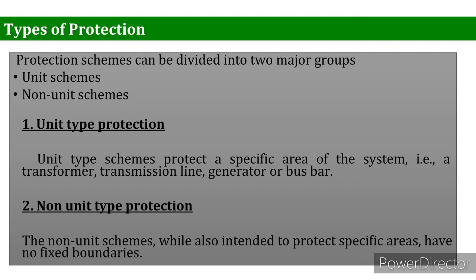Protection schemes can be divided into two major groupings. One is unit scheme and the other is non-unit scheme. Well, unit type schemes protect a specific area of the system. You can say transformer, transmission line, generator, or bus bar. So any deviation from this must indicate an abnormal current path.